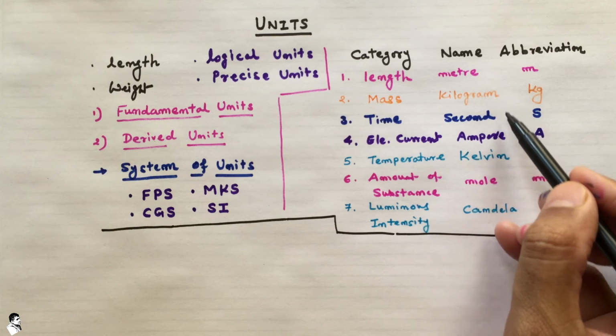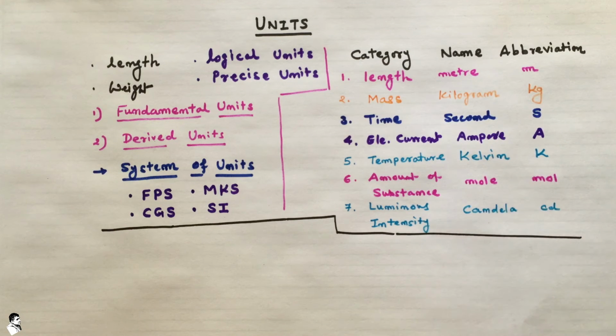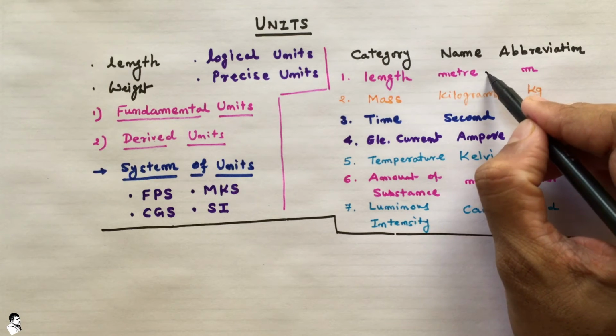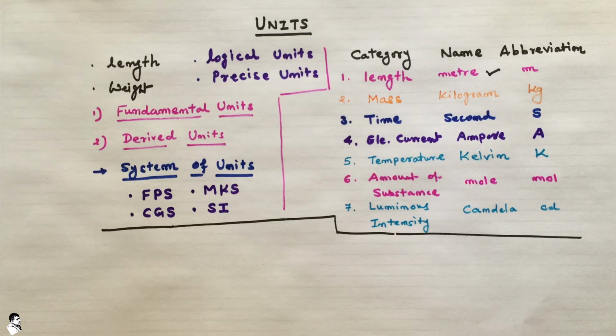So here we have a number of fundamental units. If we take the definitions one by one, I will tell you what the fundamental unit definition is. First we take the meter, and the abbreviation of that is small m.